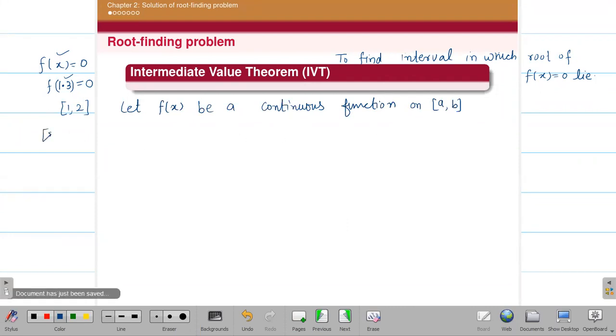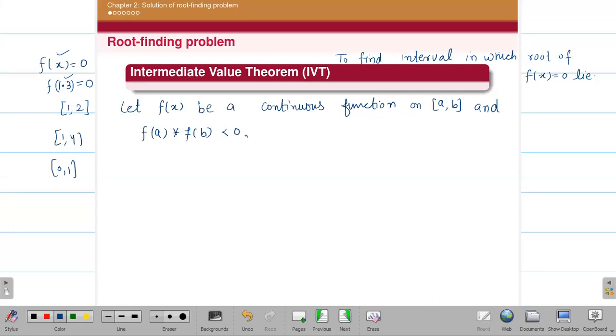You can take 2, 3 also, or any interval like 1, 4 or 0, 1. And you have to choose this interval in such a way that f of A into f of B is less than 0. This should be satisfied by this function on this interval.